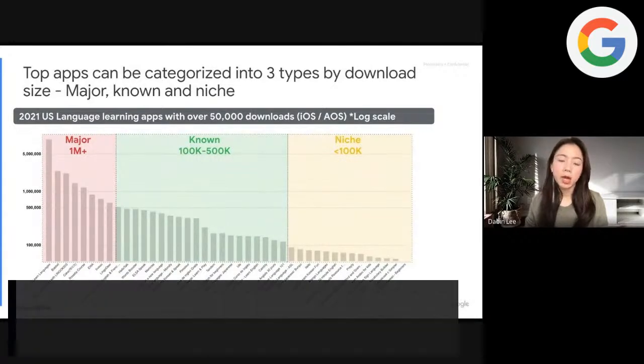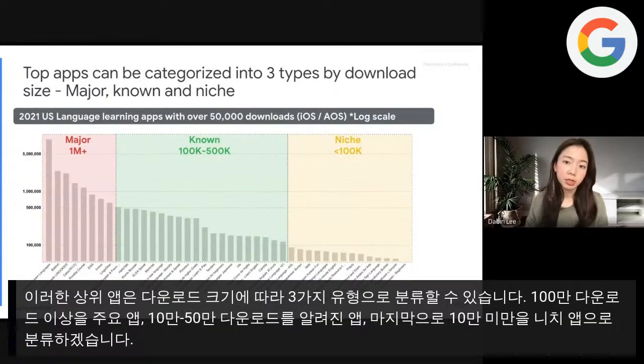These apps can be categorized into 3 types by download size: major apps with over 1 million downloads, nonmajor apps with 100K to 500K downloads, and lastly, niche apps with below 100K downloads.